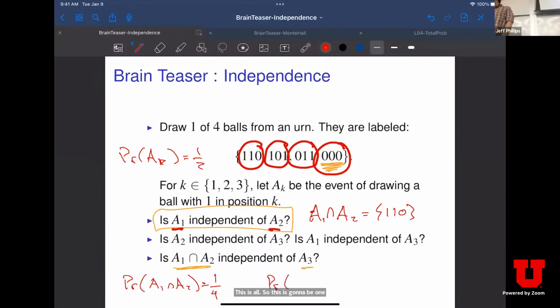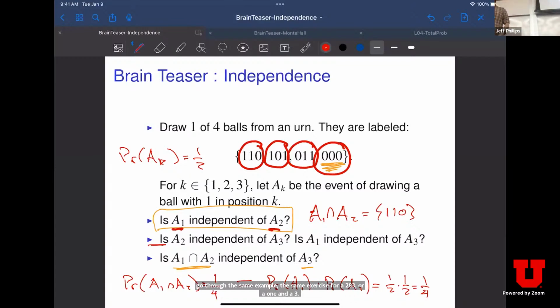That means that the probability of A1 times the probability of A2 is 1/2 times 1/2, which is 1/4. And so A1 and A2 are independent of each other, because the product of the probabilities is equal to the probability of A1 and A2 being true at the same time. If I go through the same exercise for A2 and A3 or A1 and A3, I get the same thing.